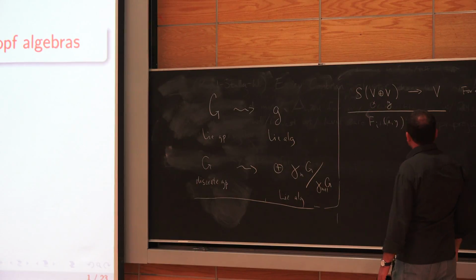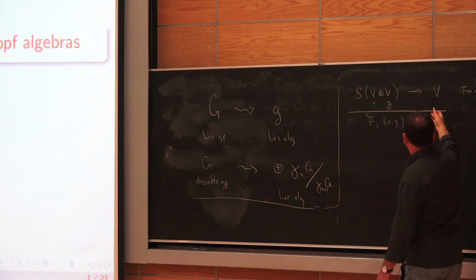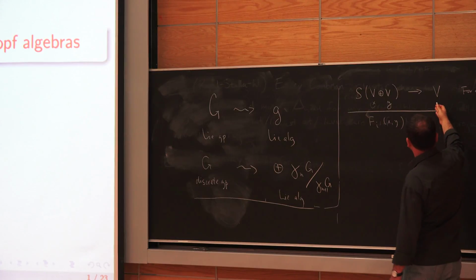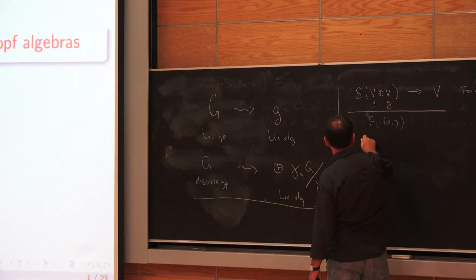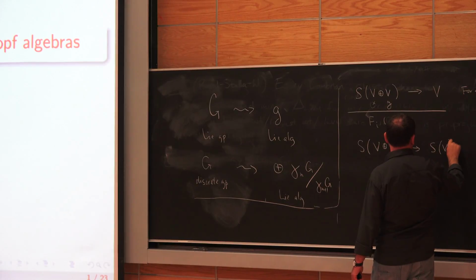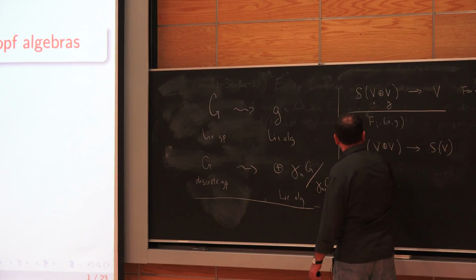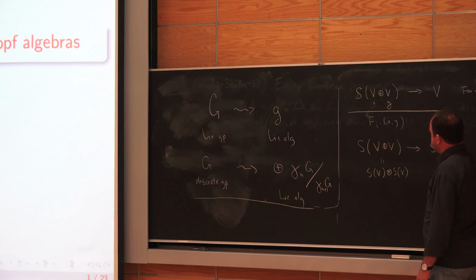From this kind of formal multiplication, so far I'm talking just about any formal multiplication on a finite dimensional vector space, not necessarily associative, you can lift this thing to a co-algebra morphism, and so this is going to be an algebra.